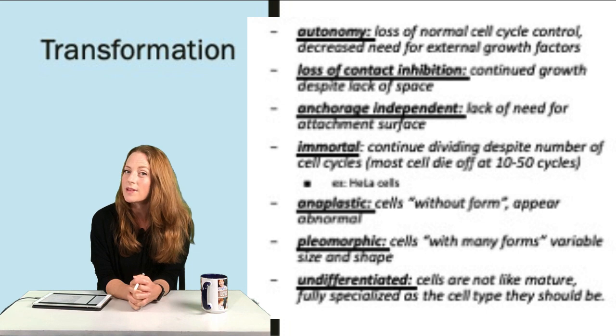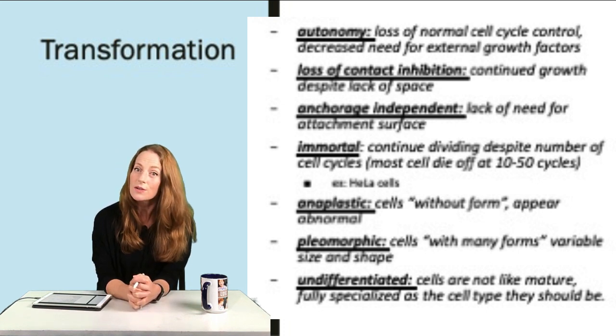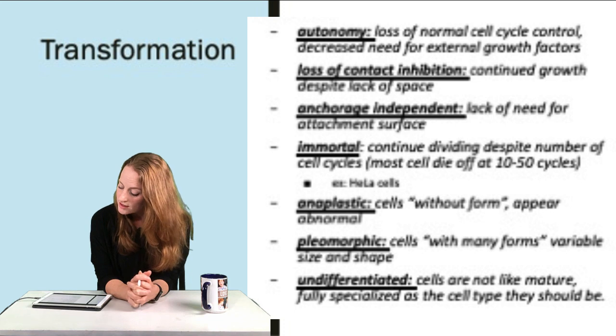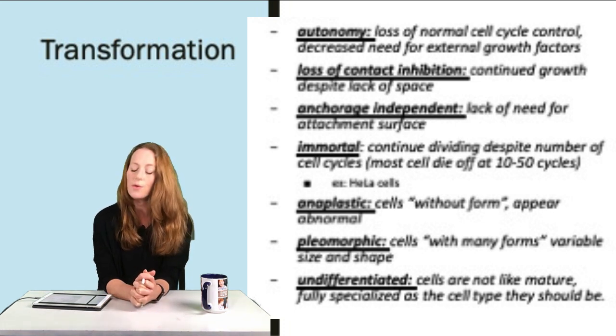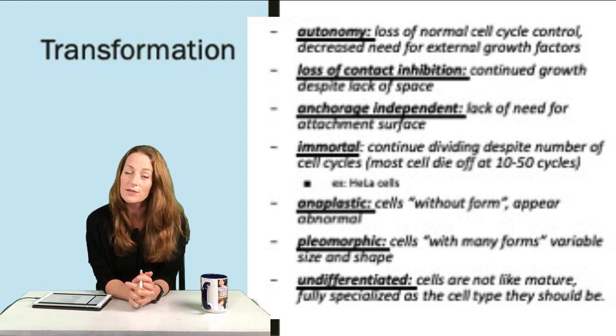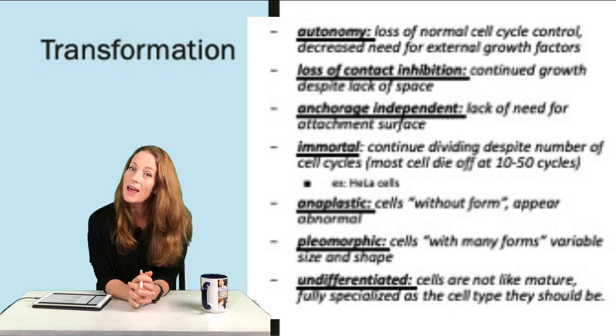Transforming from a normal cell to a cancer cell, you will often see these features of the newly forming cancer cells. First of all, they have autonomy, or loss of normal cell cycle control, and a decreased need for external growth factors. So normally growth factors would be limiting the growth of these cells. Now they're no longer being limited by growth factors for some reason.